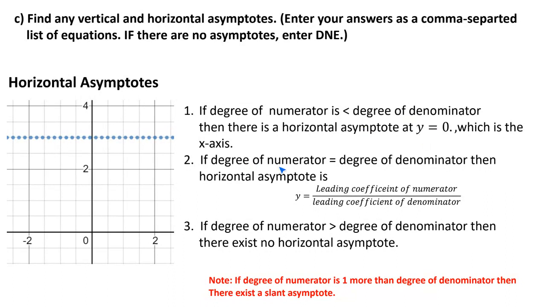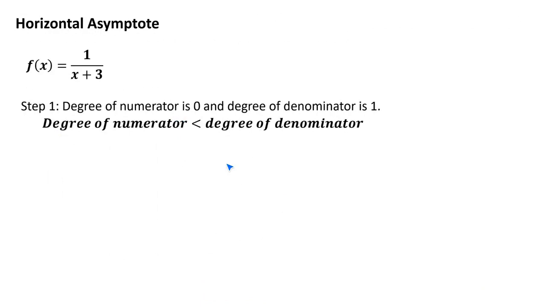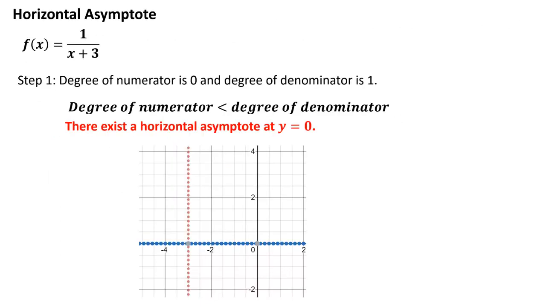If the degree of the numerator is the same, we can take the leading coefficient of the numerator and the one for the denominator. And if the degree is greater than the denominator, then there's no horizontal asymptote. So here we have the degree of the numerator is 0 and the degree of the denominator is 1. So this is our situation, which means our horizontal asymptote would be at y equals 0. So these are our asymptotes.